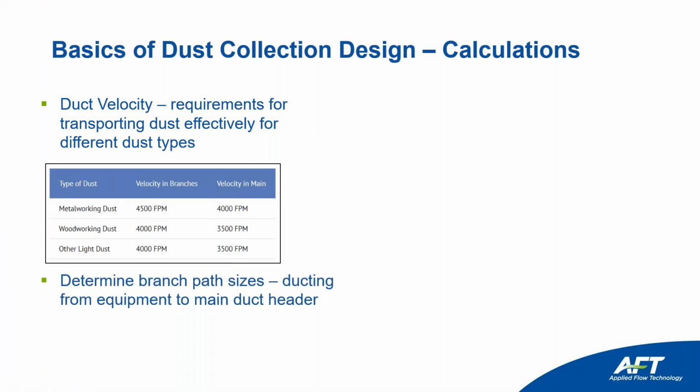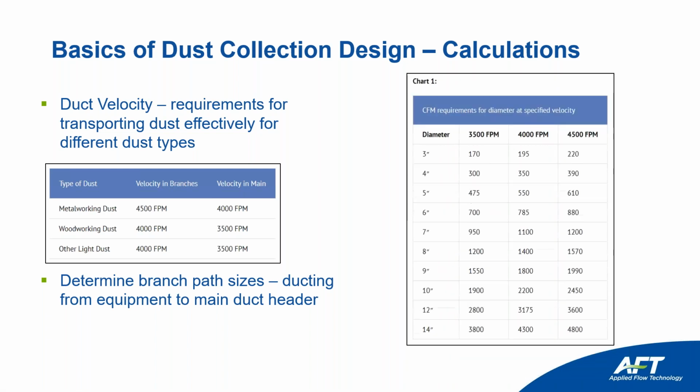You would determine your branch sizes based upon the type of equipment to the main duct header. These are some flow requirements in cubic feet per minute, and based upon the velocity that you need and the flow that you require, that determines what your ducting size is going to be. So it just comes right off the chart here.